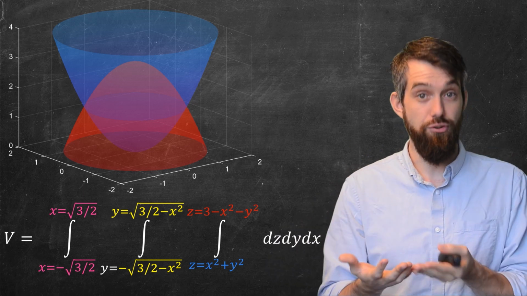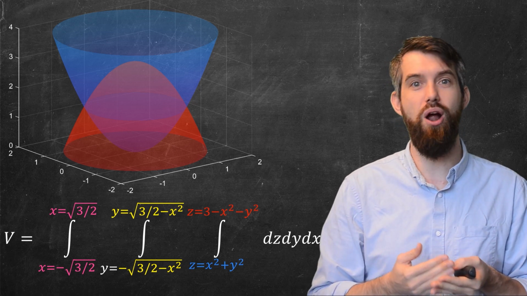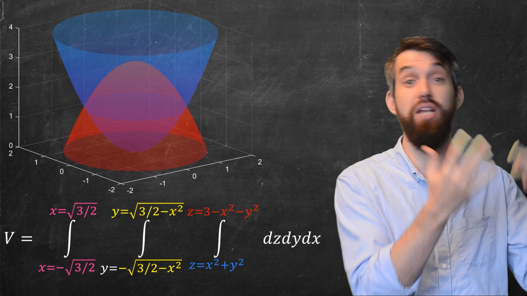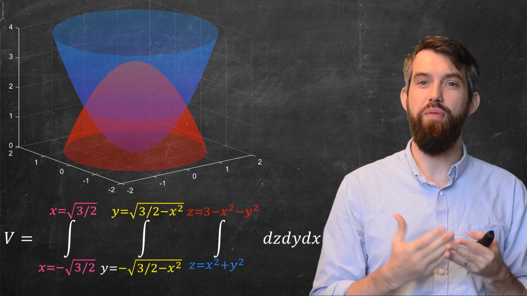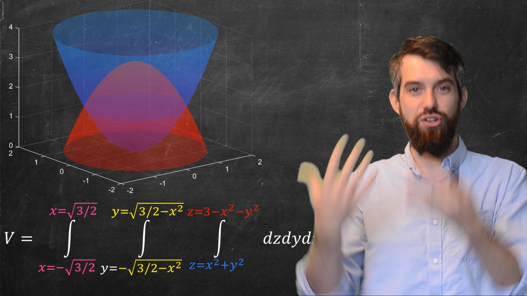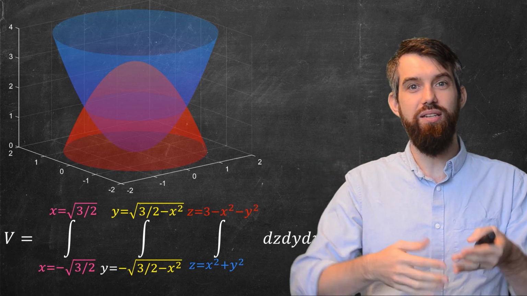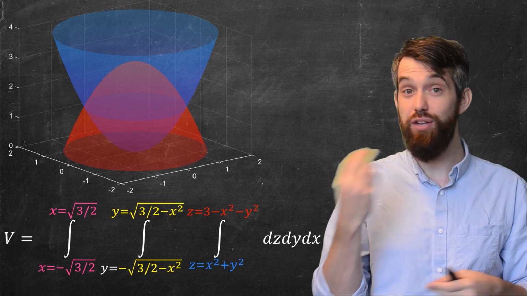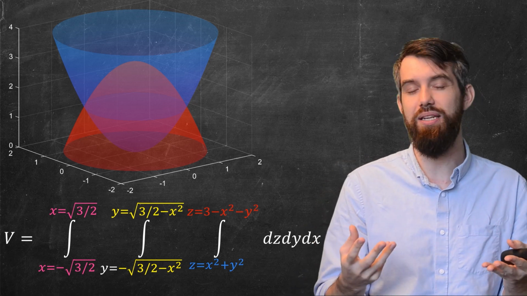This is now an integral, and we've done the hard conceptual part of figuring out what the limits of integration are. After this, it's just a procedural process of evaluating it, which I will leave to you. One observation is that as I integrate first z, then y, then x, the z limits of integration are functions of x and y, and when I integrate, I get rid of any z's, and only x's and y's remain.